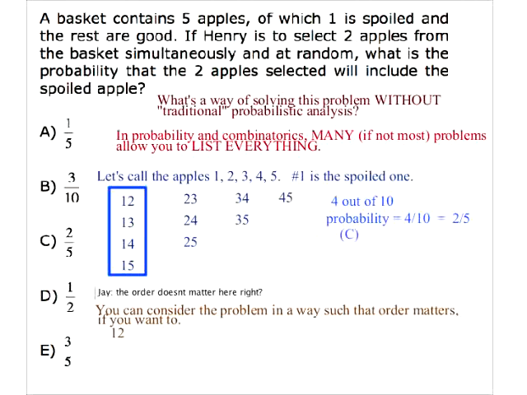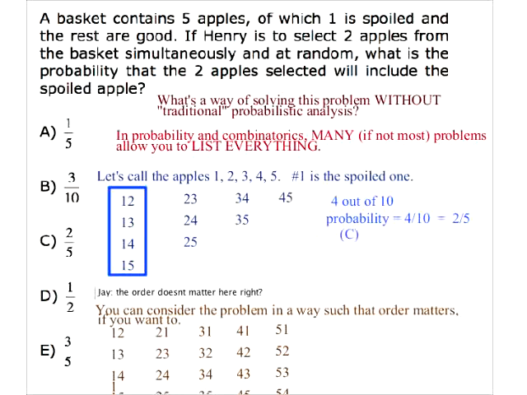1 and 2, 1 and 3, 1 and 4, 1 and 5. 2 and 1, 2 and 3, 2 and 4, 2 and 5, 3 and 1, 3 and 2, 3 and 4, 3 and 5, 4 and 1, 4 and 2, 4 and 3, 4 and 5, and then 5 and 1, 5 and 2, 5 and 3, 5 and 4.